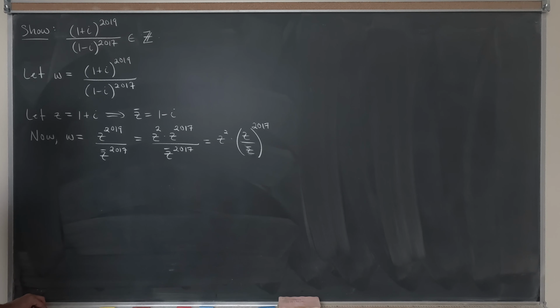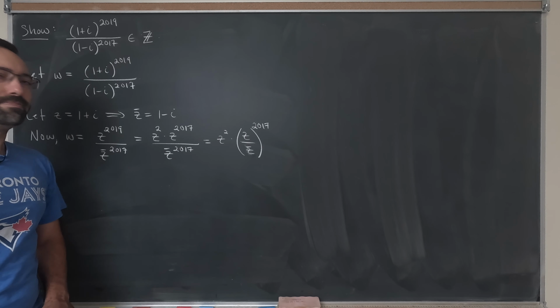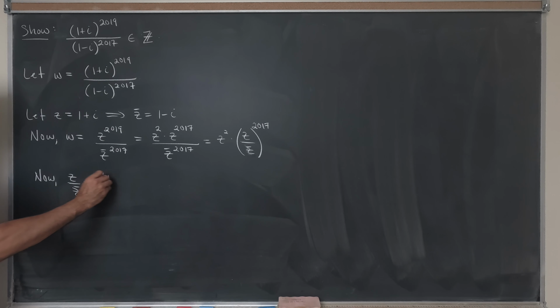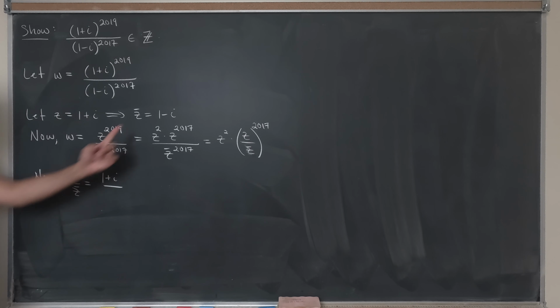Okay, well, z divided by z bar, what is that? Well, that's nothing more than 1 plus i divided by 1 minus i.